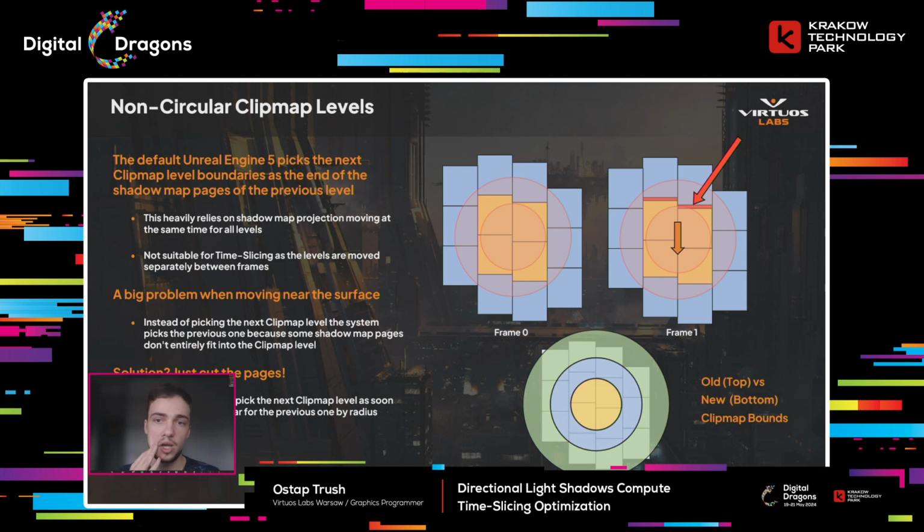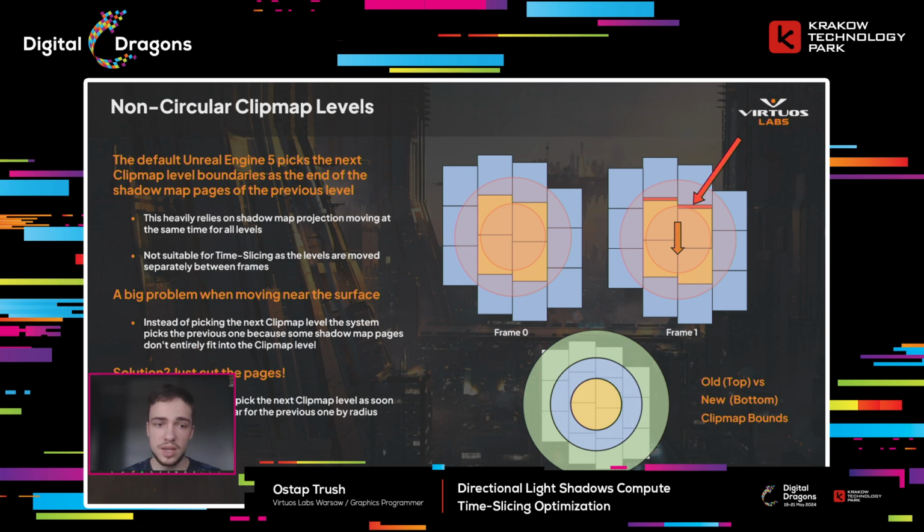And that's why when we try to do the same thing but with time slicing enabled, you'll see the case that you have in the top right image on your screen, which shows us that if the projections get updated for one clip map level but don't get updated for the next, we'll see a mismatch in projections, meaning that Unreal simply won't know what clip map level to pick for the red regions that you can see on your screen.